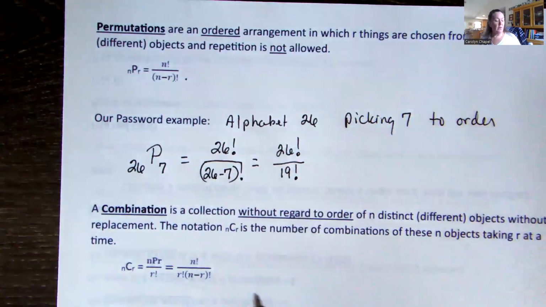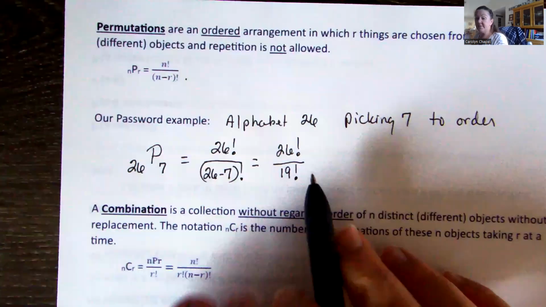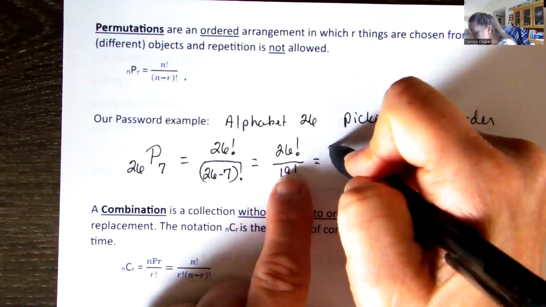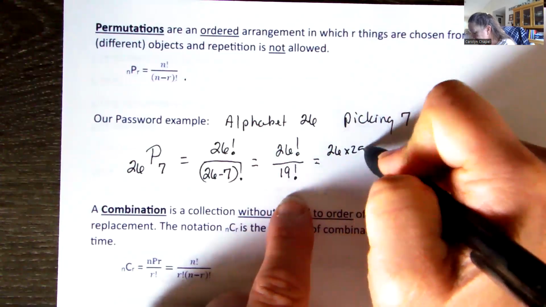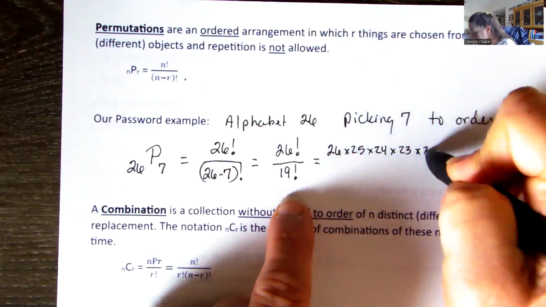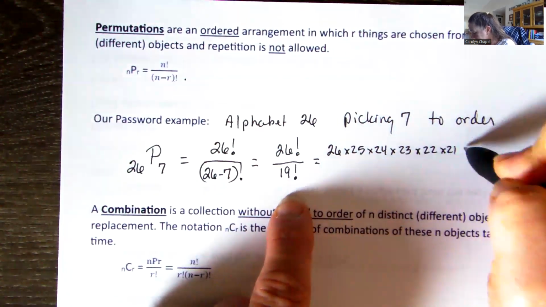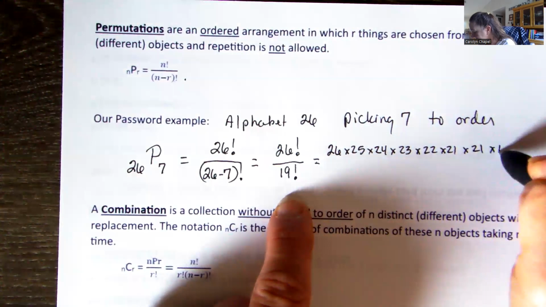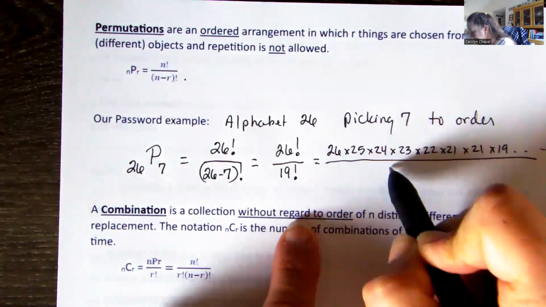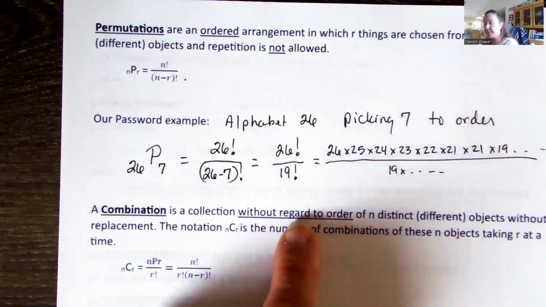Before I do that, I kind of want to show you it's the same thing we had done before. So this is 26 times 25, 24, 23, 22, 21, 20, and then 19 all the way down, right? This one is 19 all the way down.